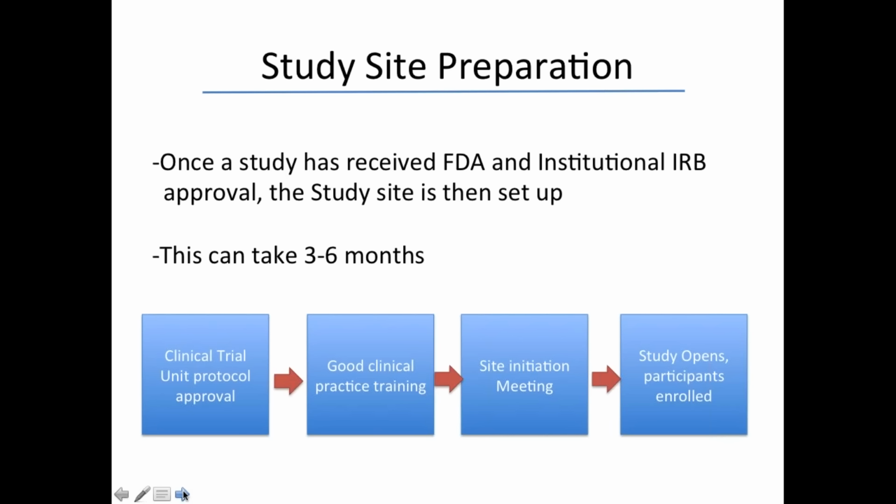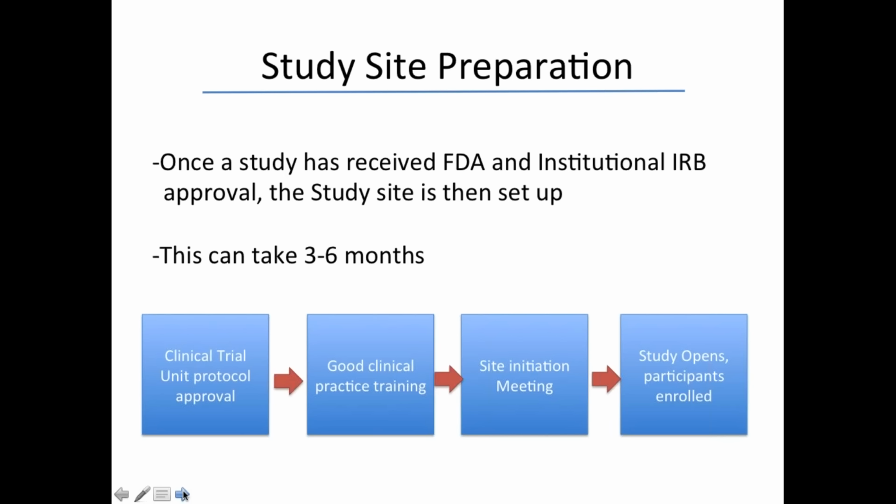So many larger academic institutions have their own individual clinical trial units. And what these units do is they review, again, another level of review, the research protocol to make sure that they feel that it's safe, that it's ethical, and that it's something that can be reasonably carried out at that institution, and that can take some time.